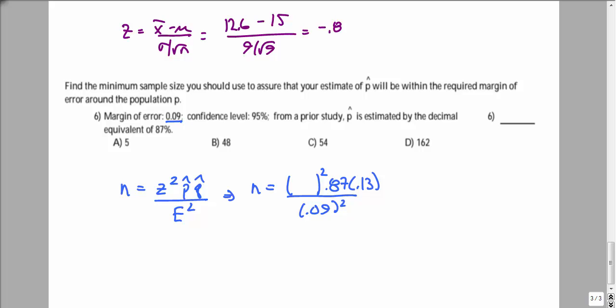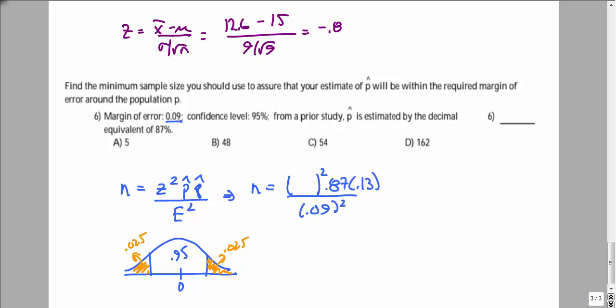The z-score from a 95% confidence level, let's go ahead and review, that's going to come from the normal distribution. So that means 95% is centered about the mean. And if I take 1 minus 0.95, I get 0.05 and split it between two tails, and I get 0.025.